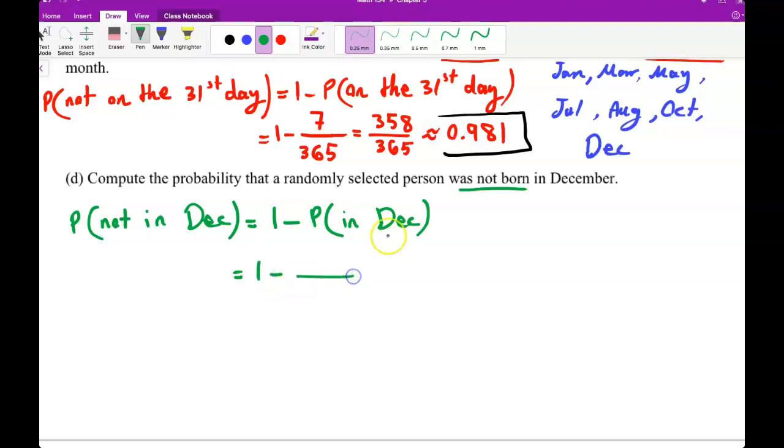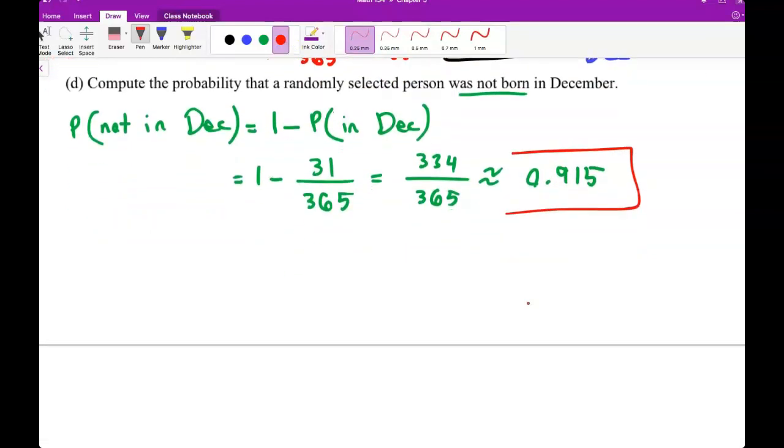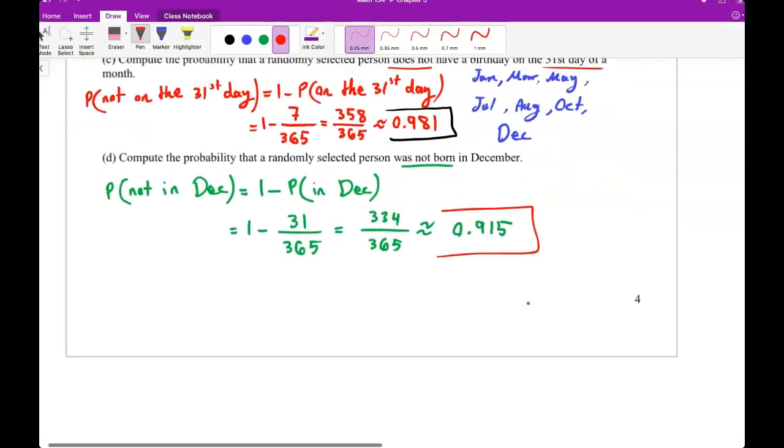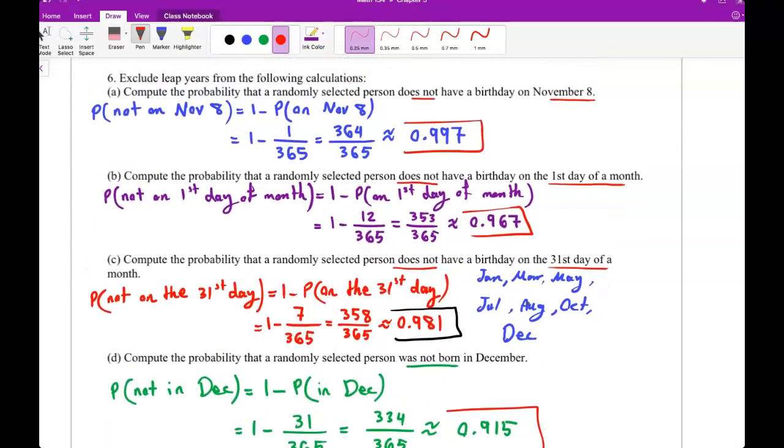We have 1 minus how many days we have in this month. In December we have 31 days. In total we have 365. We round that, the answer is 0.915. Okay, so I finished this part.